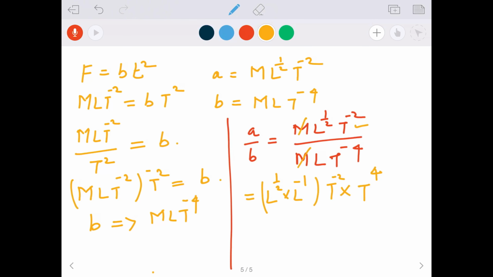So L^(1/2) times L^(-1) will be L^(-1/2), into T raised to 2 will come. So that is our answer, L^(-1/2) T^2. I hope you understood this question also. Okay, let me go to the next question.